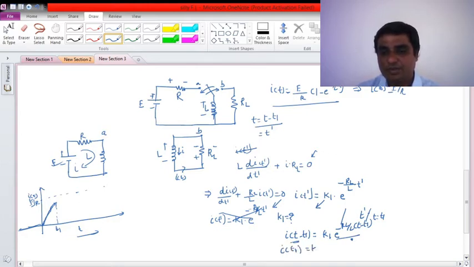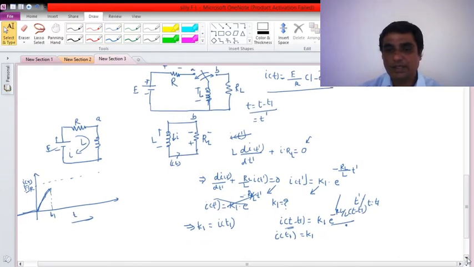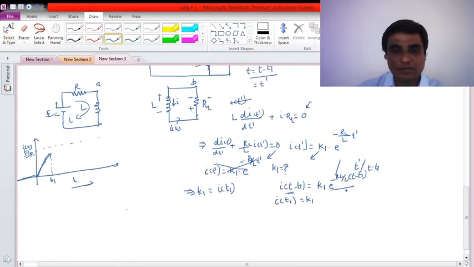So your k1 will be the value I of t1, that is the current at the switching instant t1. So I can directly write that my current at t dash will be I of t1 into e raised to minus RL by L into t dash.